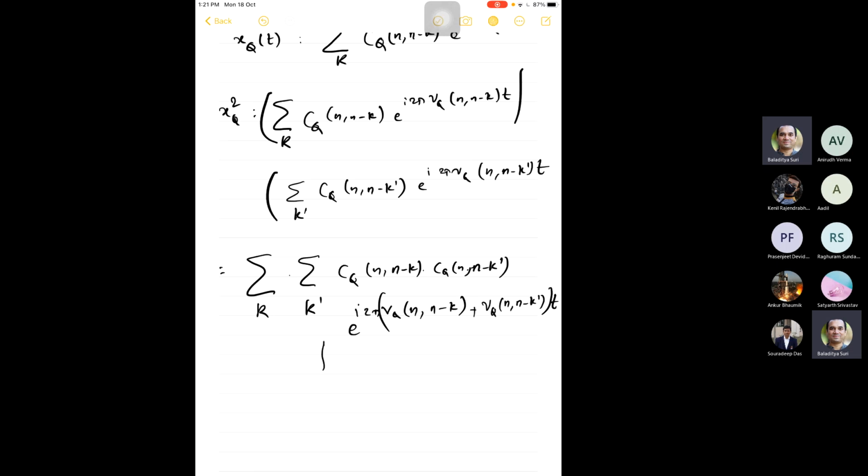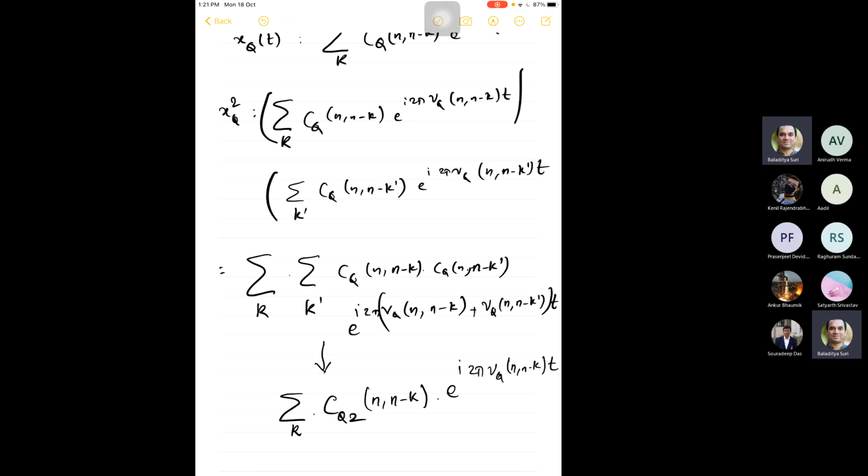In other words, this has to have a form summation over k of some c_q2(n-k) e^(i2π ν_q(n-k) t). It should, right?